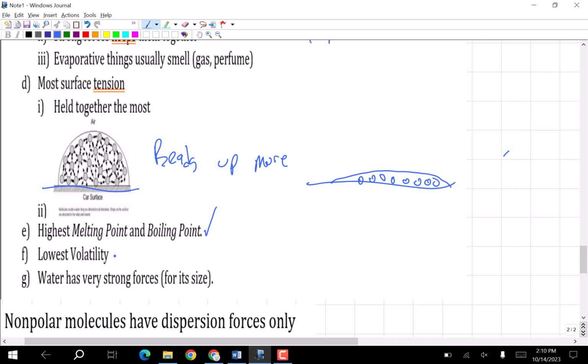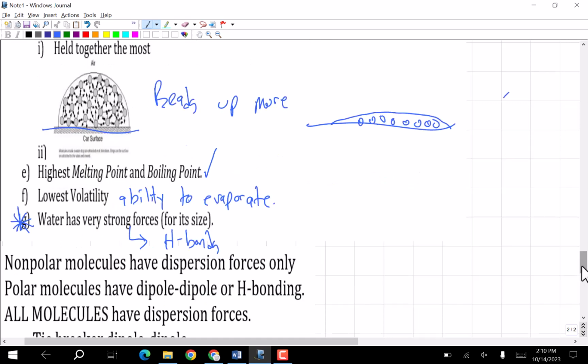They'd have the lowest volatility. Volatility is the ability to evaporate. Normally, volatility also means that it will catch on fire, but the lowest volatility means it will evaporate the least. And it's very important to know that water has outrageously strong forces for its size. What are those strong forces? H-bonds.